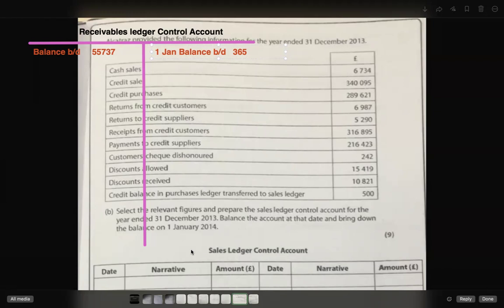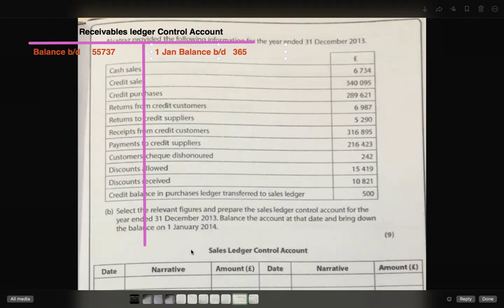Check your format, please. Did you write cash sales anywhere in the format? No, sir. So cash sales does not appear in the receivable ledger control account.